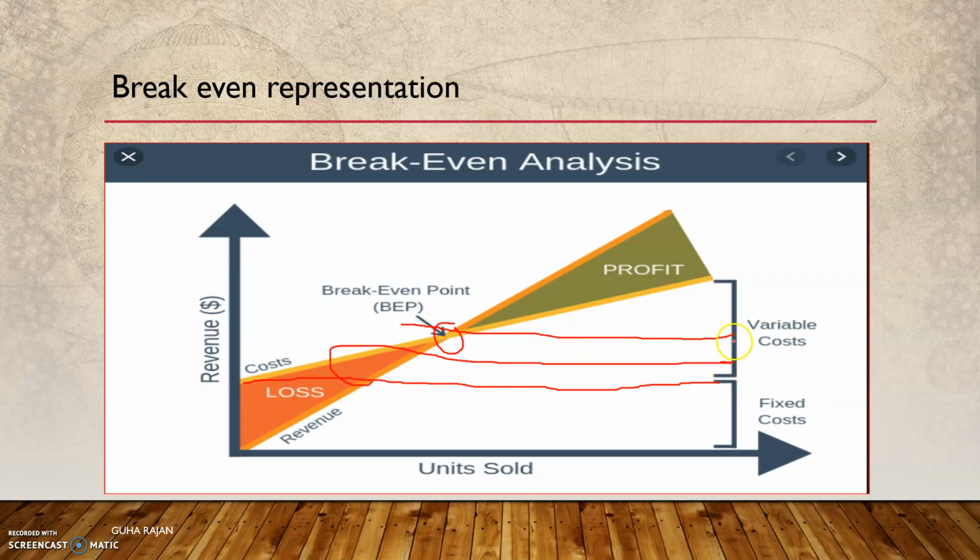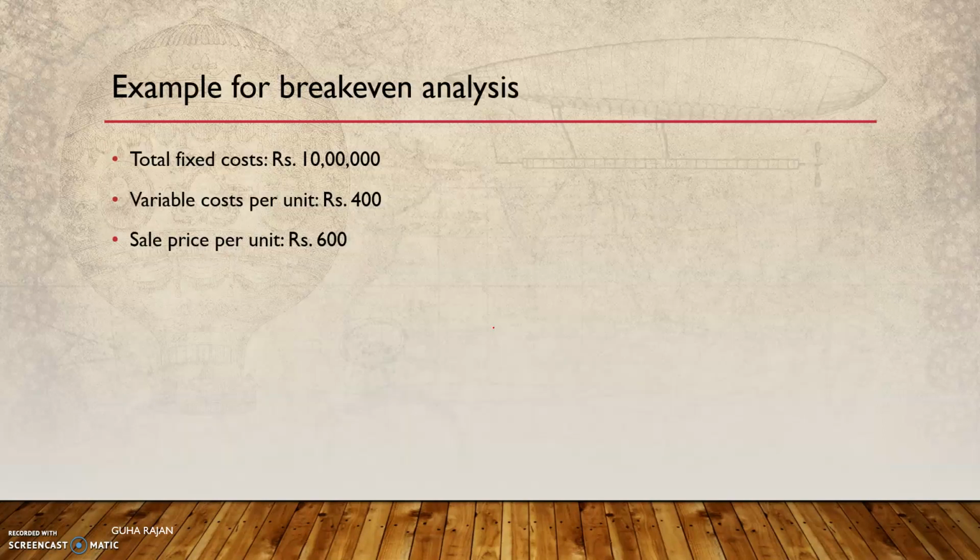Whereas as you increase and reach 100 units, you break even and start making profit. You cover the variable cost as well as the fixed cost. And anything more than 100 units, just an example, you are going to end up in profit. So this is better explained through this.